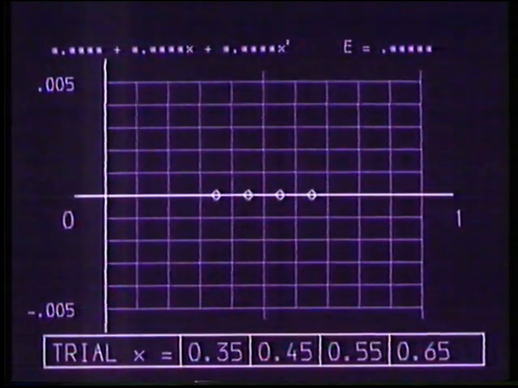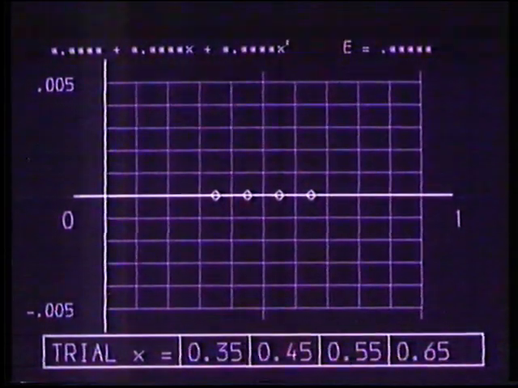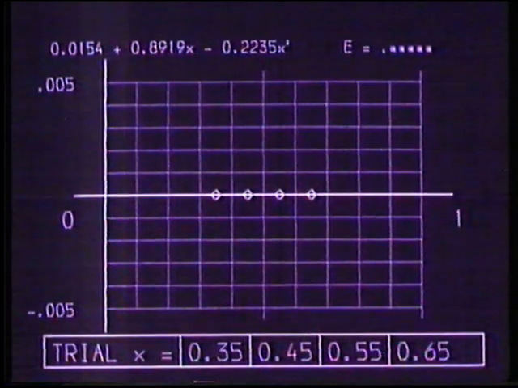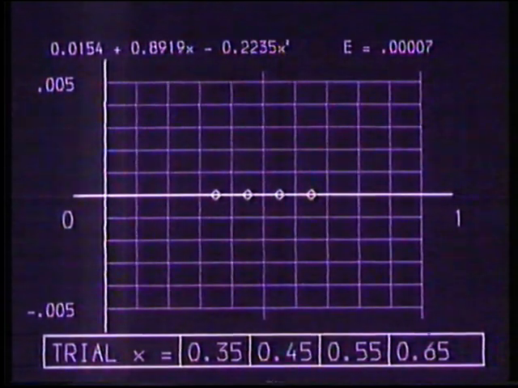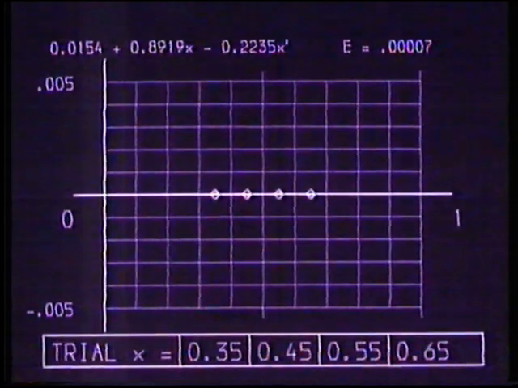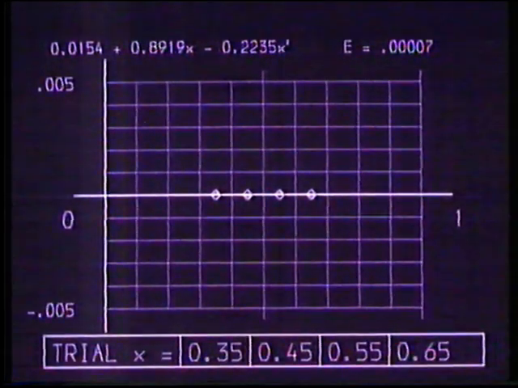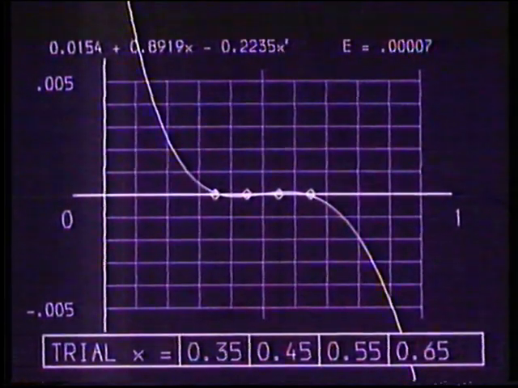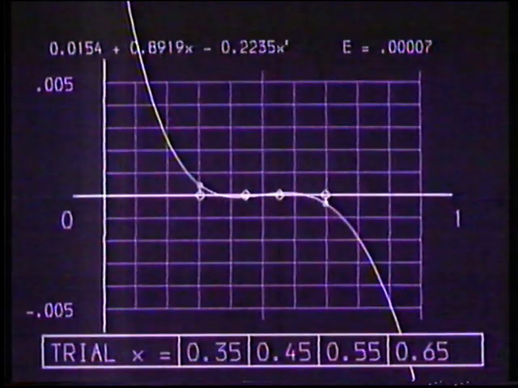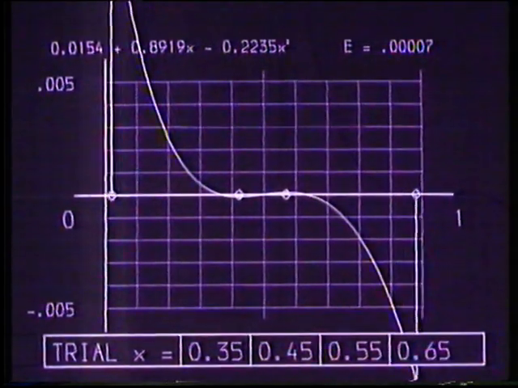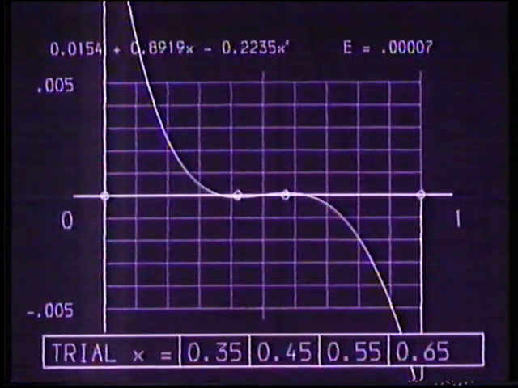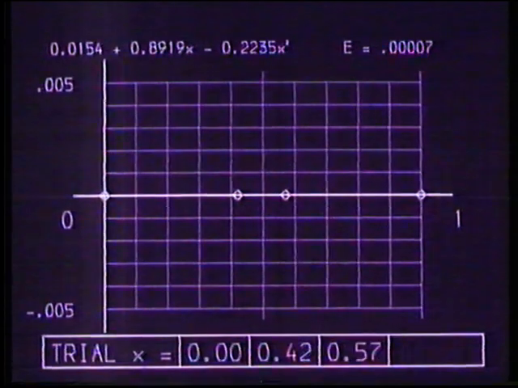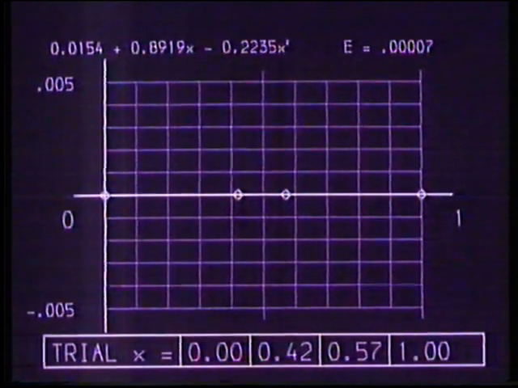With these starting values, the Remez algorithm produces the first approximation. It's at the top of the screen. The error term, 0.407, is very small, but only applies at the selected x values. Here's the actual error curve. The algorithm searches out 4 new extrema, bringing in the endpoints. With these x values, we get a new equation at the top.